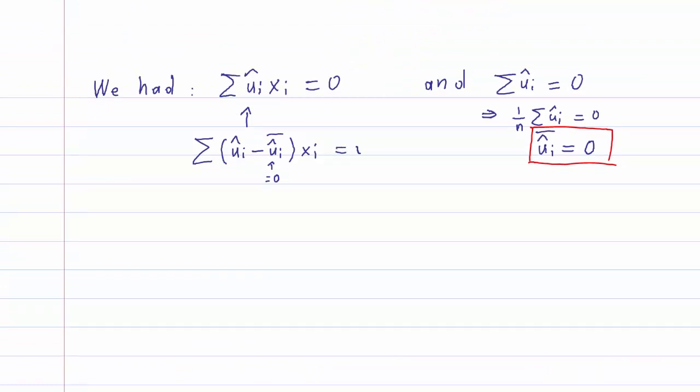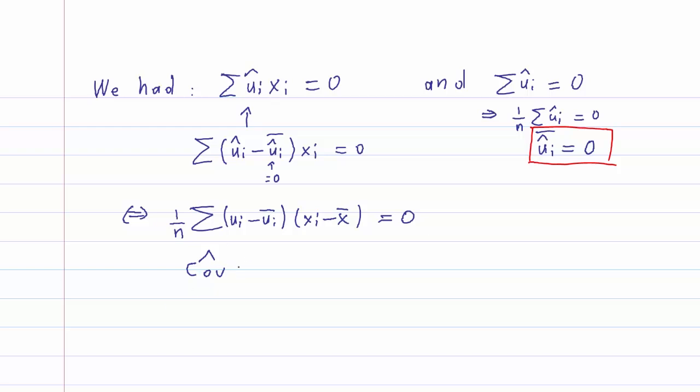This equals 0, which means that the sum of (ui minus ui bar) times (xi minus x bar) equals 0. I can take 1 over n here, and this is the sample covariance. I put a hat on the covariance to indicate that it's for the sample. It's not the population covariance, which we don't know.